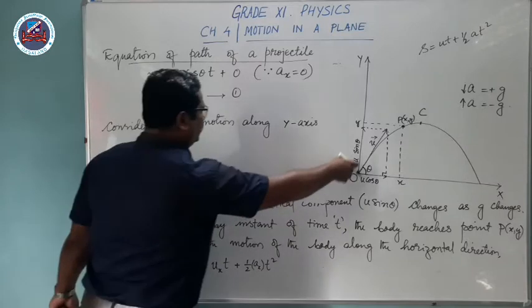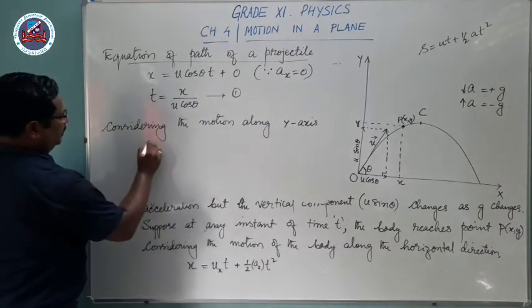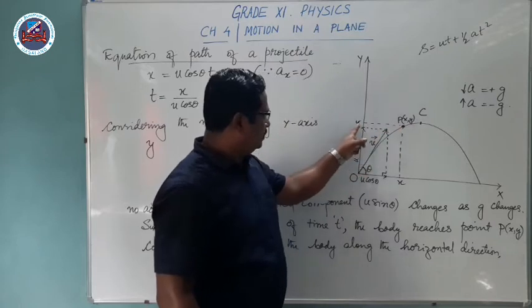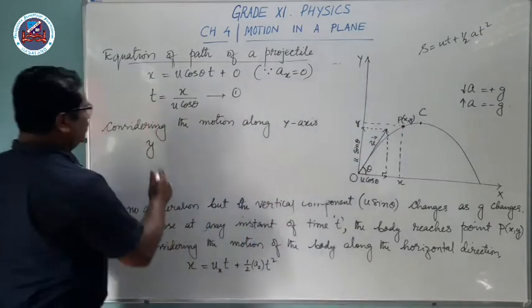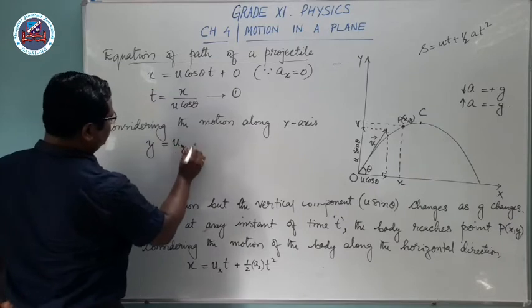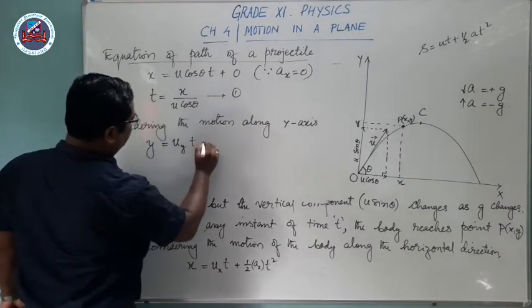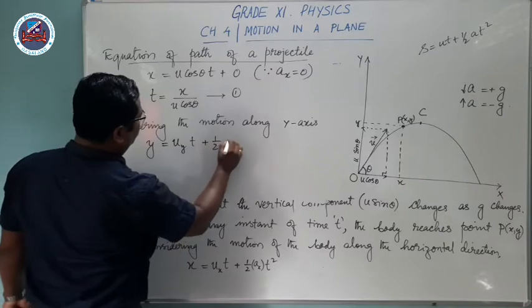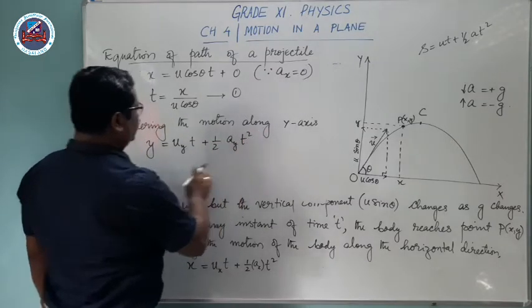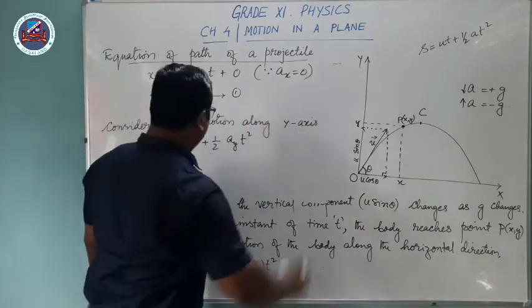Your y component displacement is y, and the body is at point P, the displacement is y. y is equal to velocity along the y-axis into time plus half of acceleration along the y-axis into t square. Here also we are using the second equation of motion.